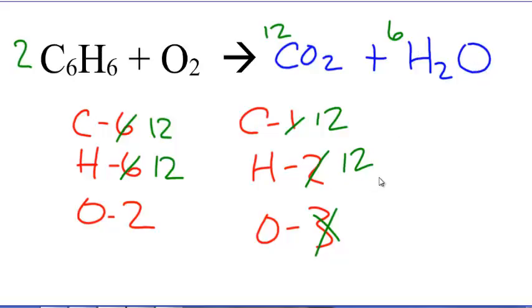Now I have 12. Again, I'm going to have to recount that oxygen. Well, in this case, I have 12 times 2 is 24. 6 times 1 is 6. 24 plus 6 is going to make my oxygen count into a 30. Now to fix the other side, I have to multiply 15 times 2, and now I have a fully balanced combustion reaction.